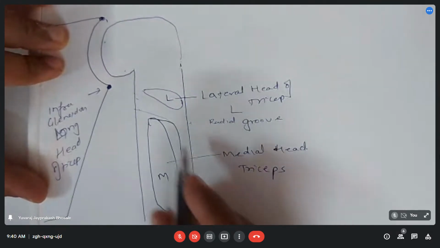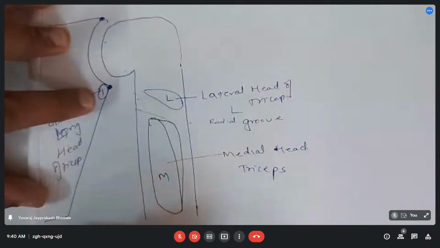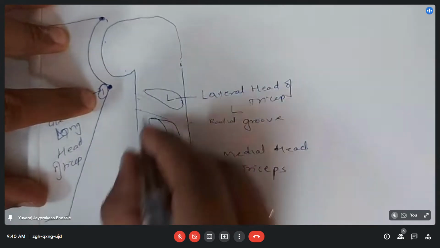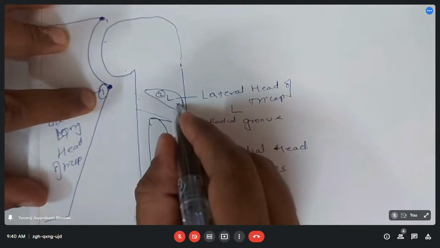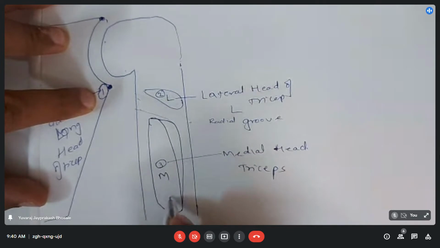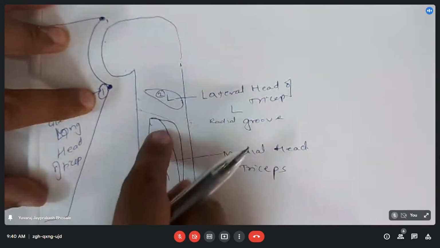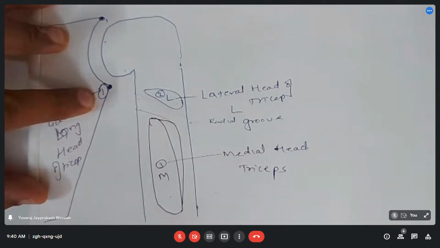So the first head, the long head, from the infraglenoid tubercle, the lateral head from the posterior surface, and the medial head also from the posterior surface. Between the lateral and medial head is the radial groove.